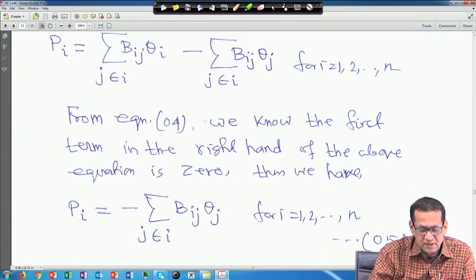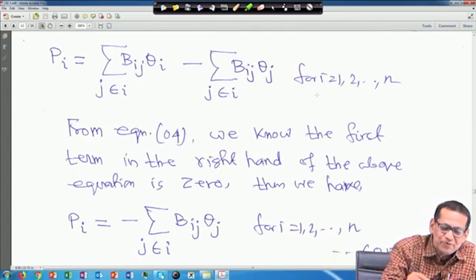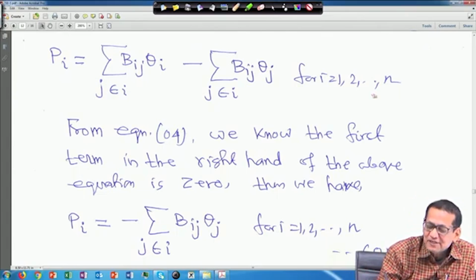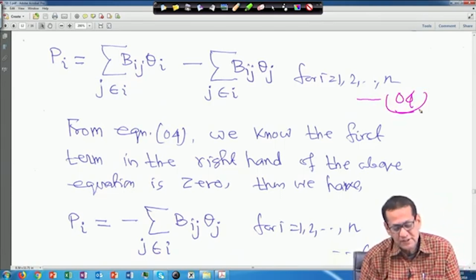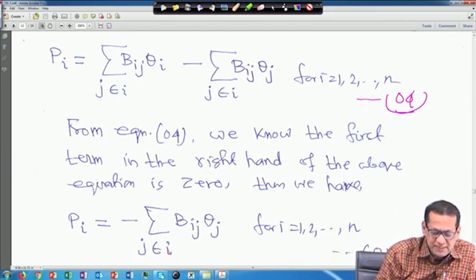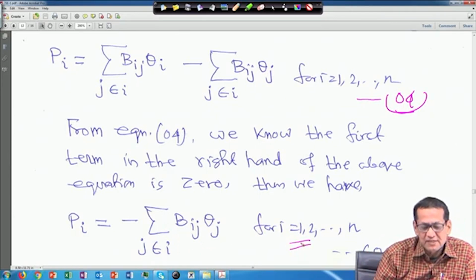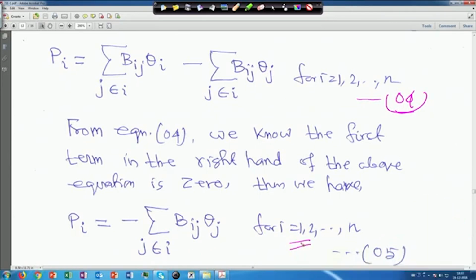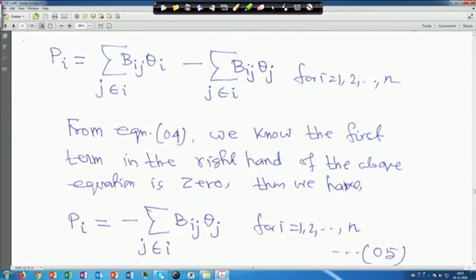It should have been equation number 4, I am marking it for you. So, therefore, then we have minus sigma j belongs to i B_ij theta_ij for i equal to 1 to n. Therefore, this is actually P_i equal to this one.